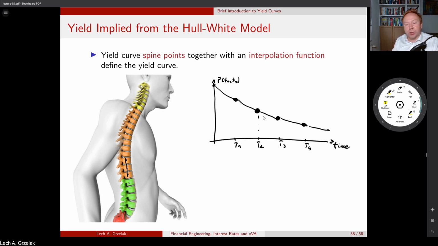Why do we need these interpolations? Like I just discussed, we have spine points, which are determined based on the most liquid market instruments. However, we don't know the points in between. Once we have spine points and we have defined the interpolation between them, we can calculate the zero coupon bond at an intermediate time, for example T0.